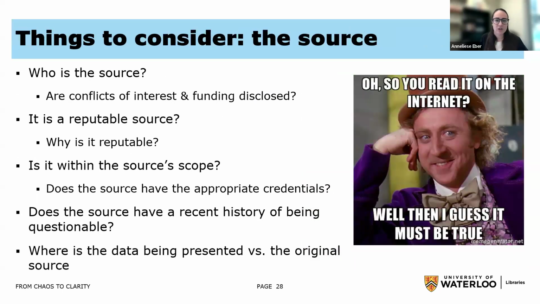So some things to consider when you're thinking about the source of the data. Who is the source, and are there any conflicts of interest, and have they disclosed any funding? And what does that funding look like? And this may or may not be problematic. You can see a lot of private companies might sponsor research on products that they make, but maybe that's where the funding comes from. It may or may not be biased, but it's certainly a question to ask yourself.